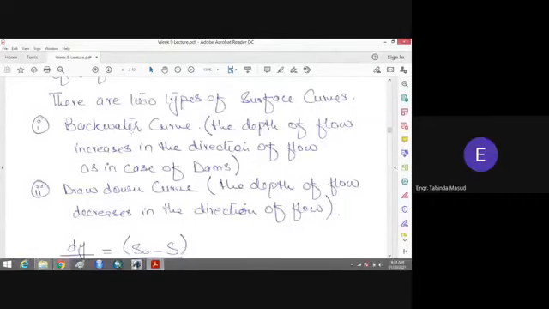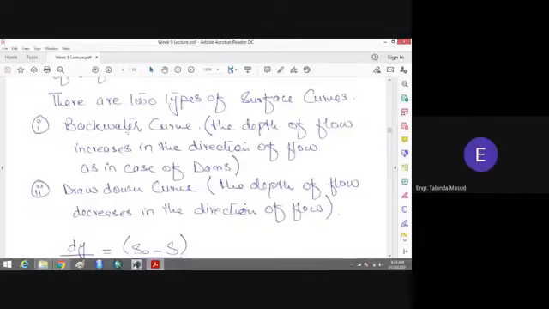Backwater curve is mostly found in case of an obstruction in a channel. For example, if you have any kind of hump on a channel, let's suppose you have a weir or a dam, then what will happen? Behind the dam or behind any kind of hump, when water approaches that hump, the level of water will increase.